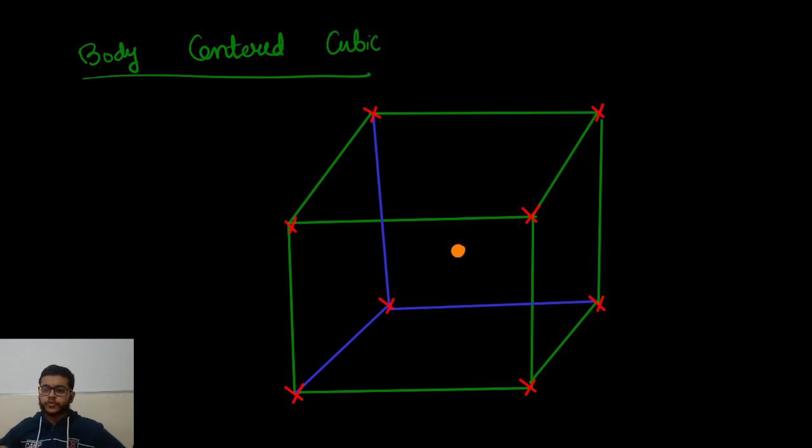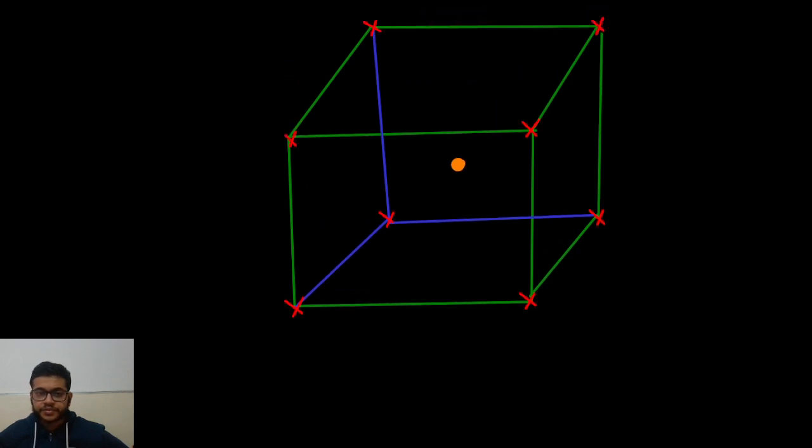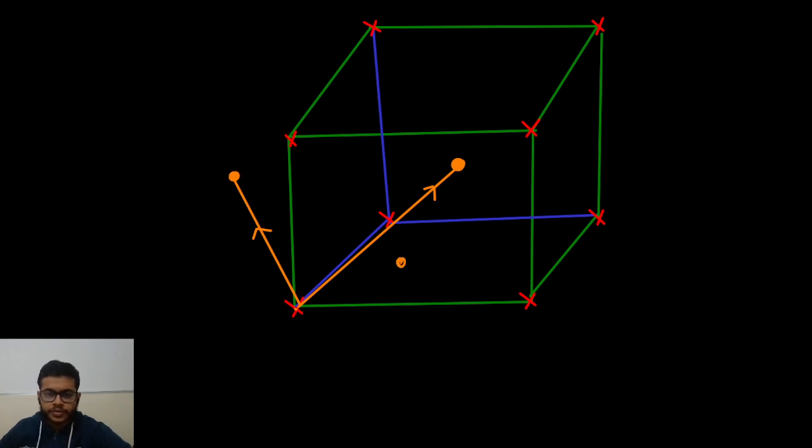So, what are the primitive unit vectors of this cell? These are nothing but, for example, one which will join here to here. There is one which will join this to the orange point of the neighboring cell, and there will be another one which will join it to another neighboring cell on the front.